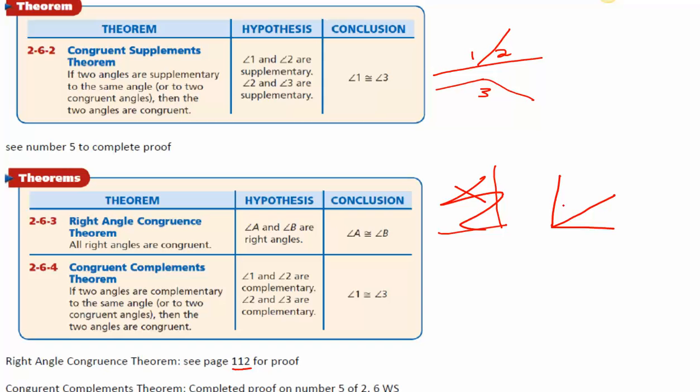So here's two angles that are complementary, so they add up to 90. And let's say that there's another angle over here, angle C, and angle C and angle B are also complementary. Then that means that angle A is congruent to angle C.